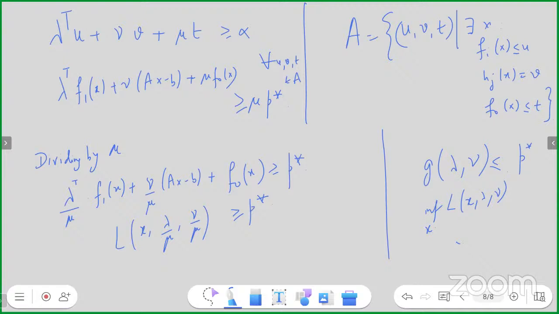All that comes in to handle the case where mu is equal to 0. Mu greater than 0. If you try to argue that is not possible, you get a contradiction.